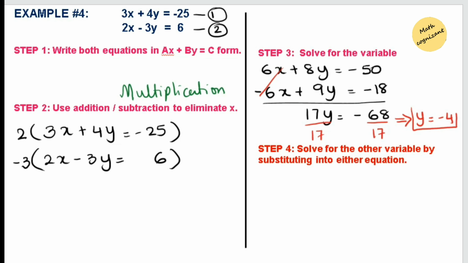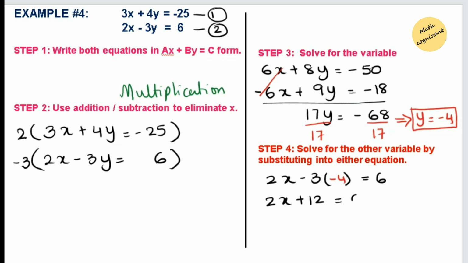Now use this value in equation number 2 and find the value of x. So 2x minus 3 times the value of y, which is negative 4. So we will place it inside the parentheses. So 2x, negative times negative gives us positive. 3 times 4 is 12.